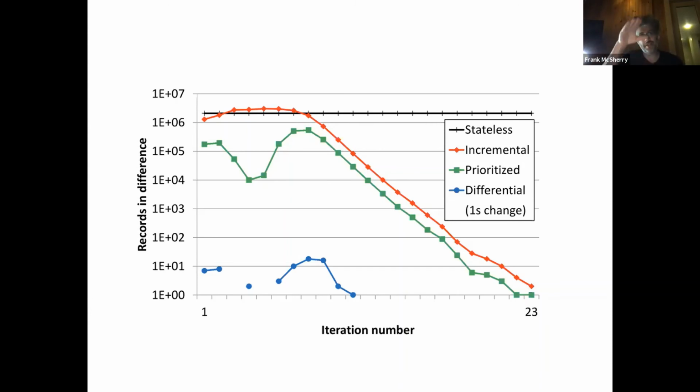But when we actually dive down into the differential updates, these are when we've admitted one more second worth of tweets to the computation and want to re-update our incremental computation. Previously, we would have to either start over from scratch, do the stateless thing, or start over from scratch and run incremental computation from scratch, or as you can sort of see here, this differential technique gets us down just into like tens of updates across the entire computation.